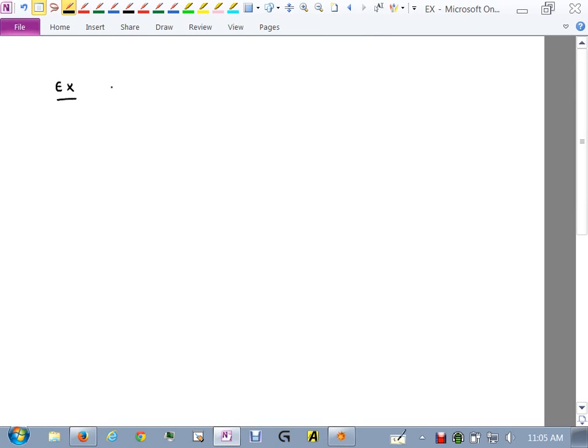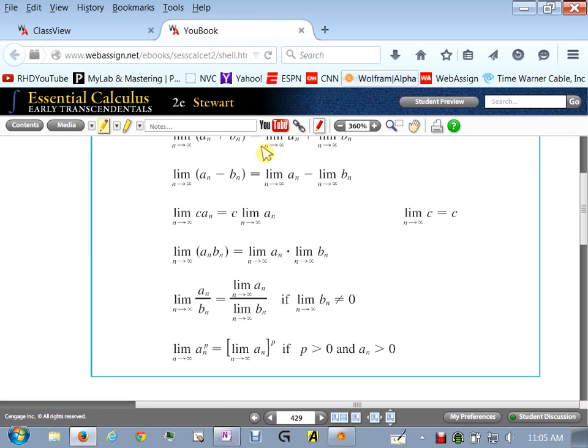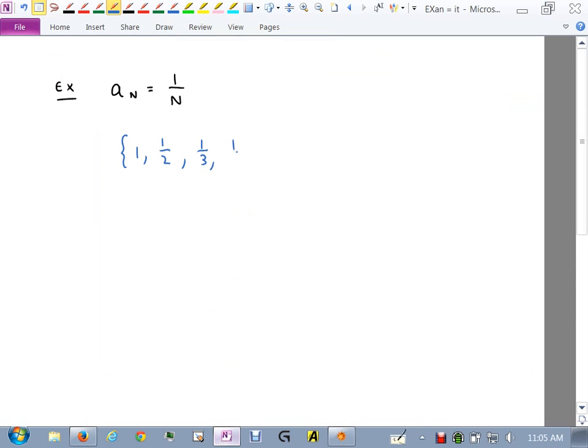What about the sequence a sub n equals 1 over n? So what's happening here? We start off with 1, then 1/2, then 1/3, 1/4, and it keeps going, right?